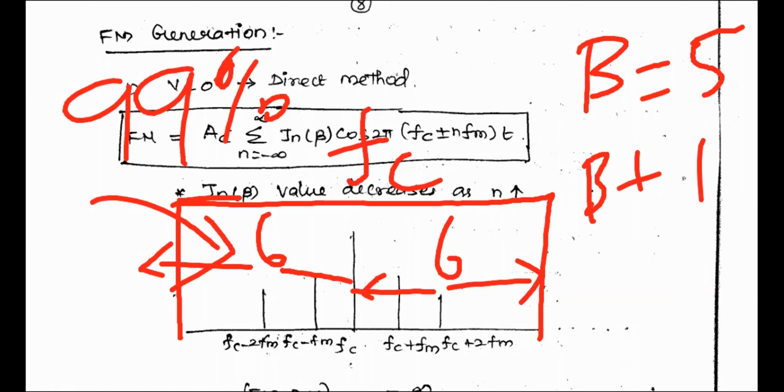And see one thing, how it varies from the center point to the first side band. What is the variation? Plus fm is the variation. Because fc, the next one is plus fm. Then what is the difference? Only fm. Again, one more fm, one more fm. So then what is the final equation?